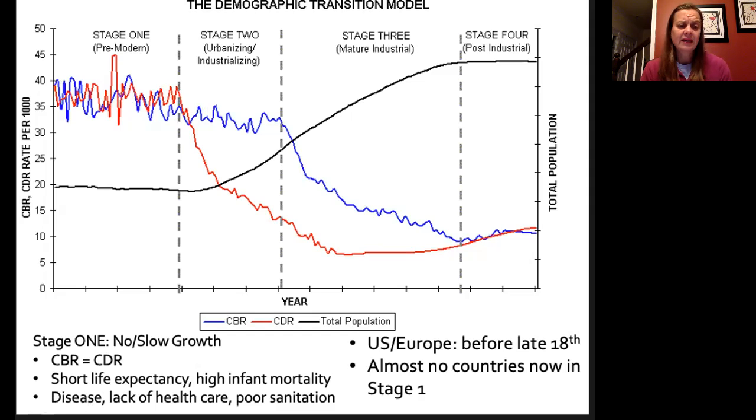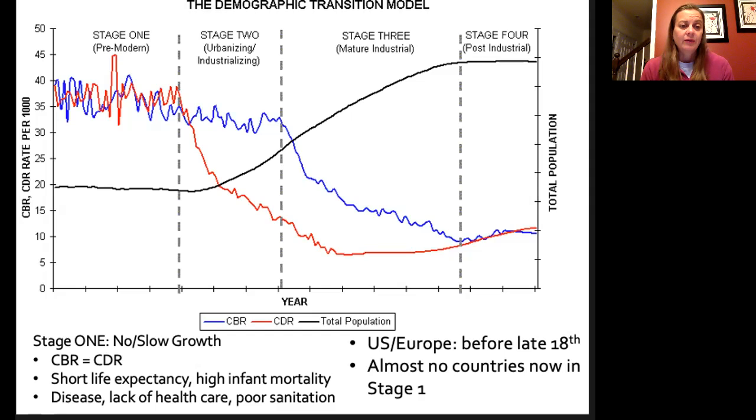Countries in this stage are generally not industrialized yet and may even still be hunter-gatherers. There are pretty much no countries that are considered to be in stage one now. There are areas, most of these are areas that contain indigenous groups in remote areas. So some of the tribes in the Amazon rainforest, the occasional Polynesian island are considered to be in this stage.